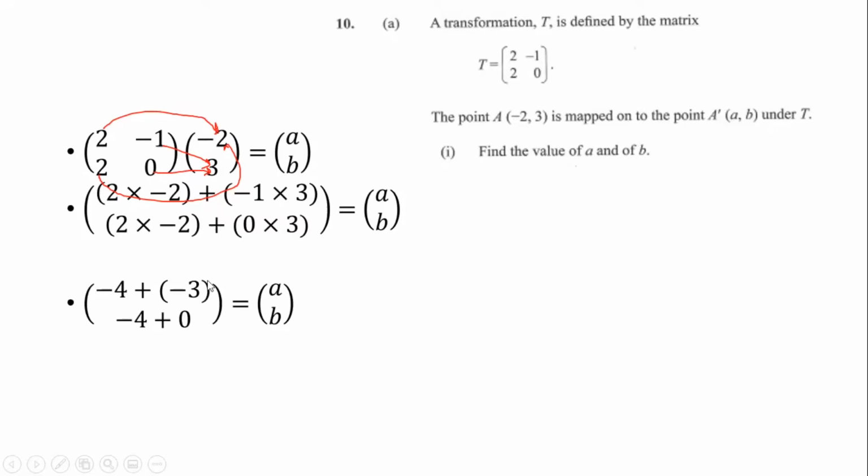A negative 4 plus a negative 3 gives us negative 7, and a negative 4 plus 0 gives us negative 4. So a is equal to negative 7 and b is equal to negative 4.